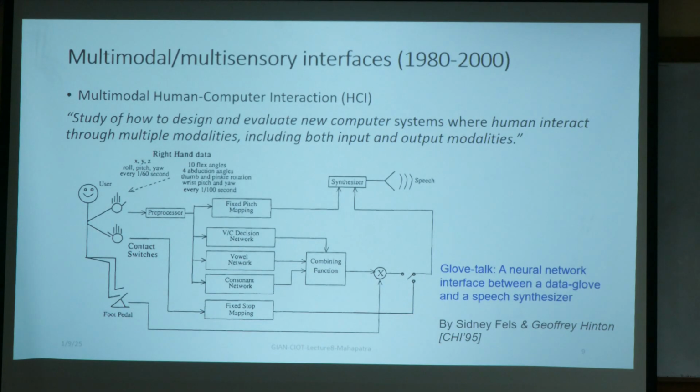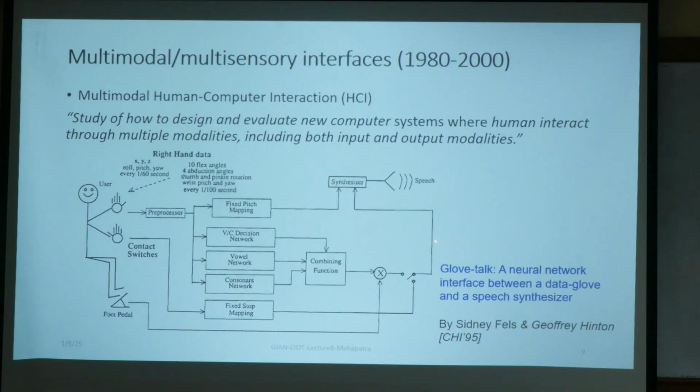Here is an example of multimodal human-computer interaction, or HCI, and how it is possible. You can even set up an experiment accordingly. As you see, here is the person sitting here, let's call them the user. It can have various types of communication, which will essentially be combined here. Now, let's think about speech. A speech synthesizer gets the fixed pitch mapping.